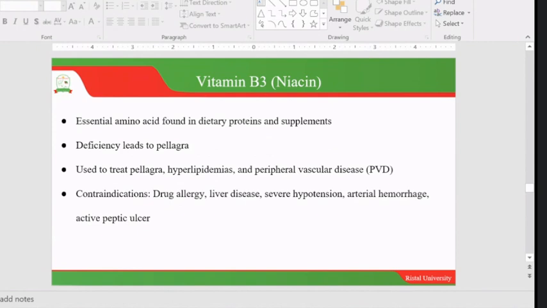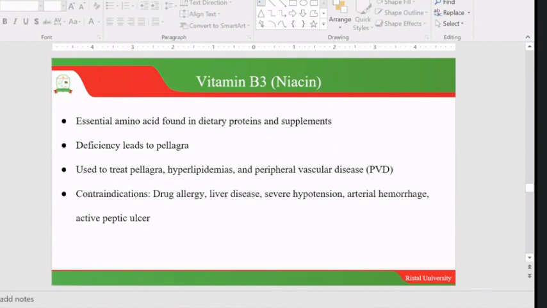I think there was some research done where people with dermatitis, that inflammation of the skin, were predisposed to pellagra, and people suffering with pellagra experience vomiting, diarrhea, dementia, and also mouth sores and swollen tongues. Those things usually happen to them.